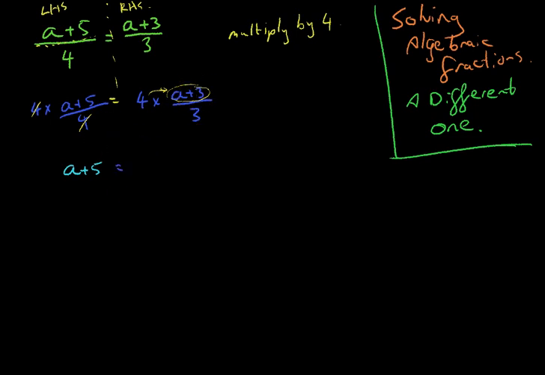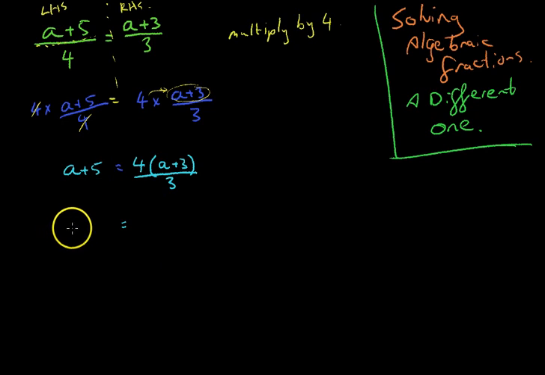So that's going to end up being 4 times A plus 3 over 3. Notice that I've had to put brackets in there because I need to multiply the entire top. I need to multiply 4 times A and 4 times 3 as well.